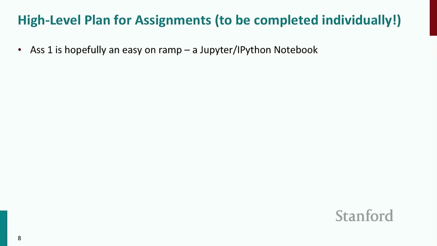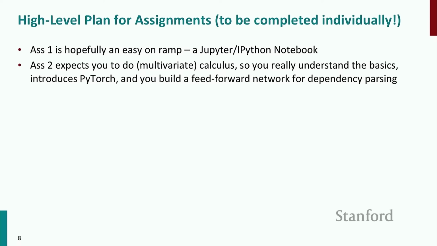Okay, so this is what the assignments look like. So assignment 1 is meant to be an easy on-ramp, and it's done as a Jupyter notebook. Assignment 2 then has people, what can I say? Here we are at this fine liberal arts and engineering institution. We're not at a coding boot camp. So we hope that people have some deep understanding of how things work.